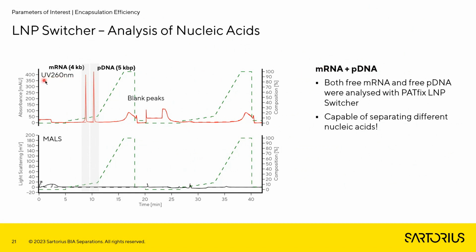We can see in the UV signal that these two nucleic acids are really nicely separated from each other. We cannot see any peak in the MALS detector. This is true because no particles were injected on the system, and also we have no peaks or eluting species in the area of the chromatogram where encapsulated nucleic acids should elute.